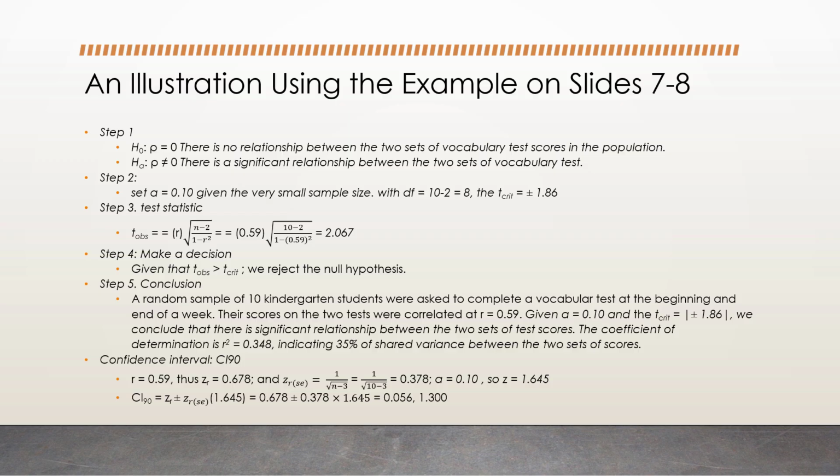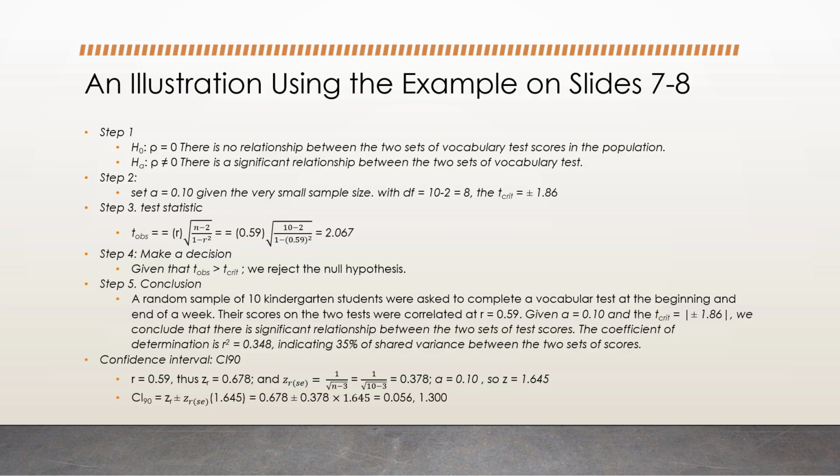The observed t is 2.067, which is greater than the critical t-value. So we reject the null hypothesis and conclude that there is a significant relationship between the two sets of test scores. The coefficient of determination is R squared equals 0.348, indicating about 35% shared variance between the two sets of scores.